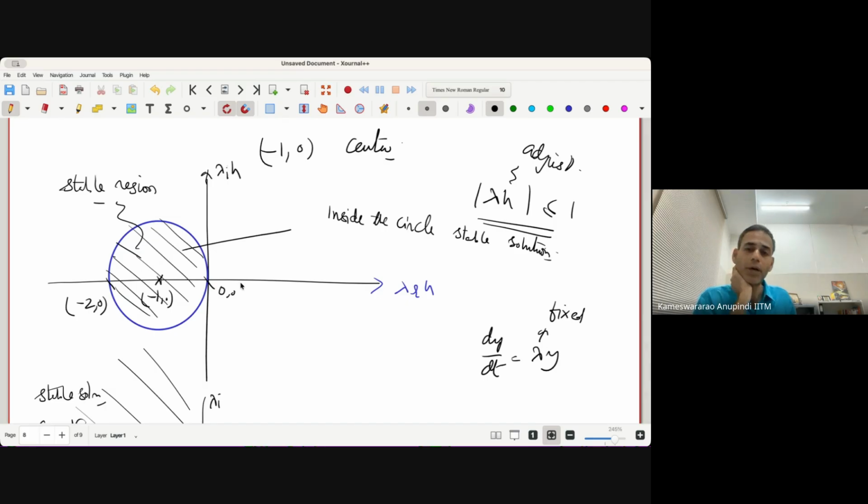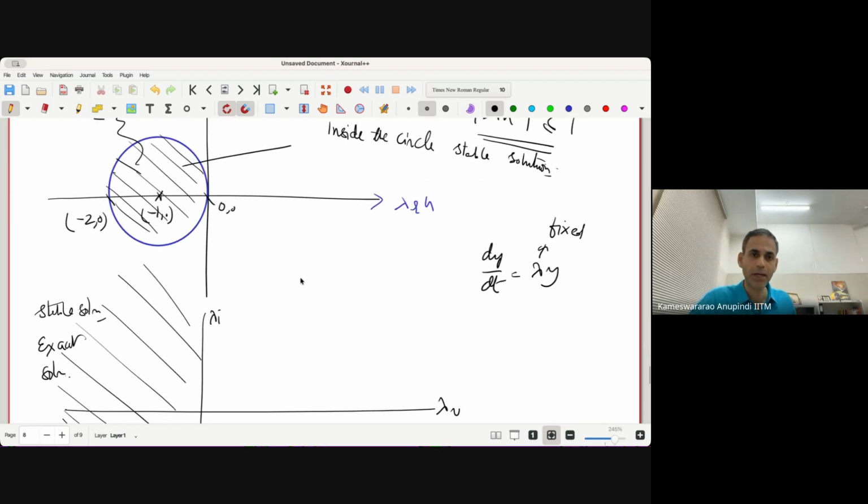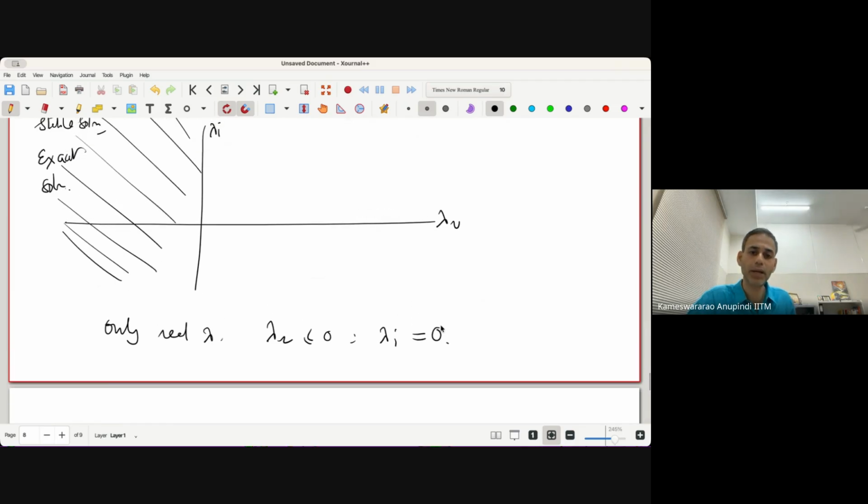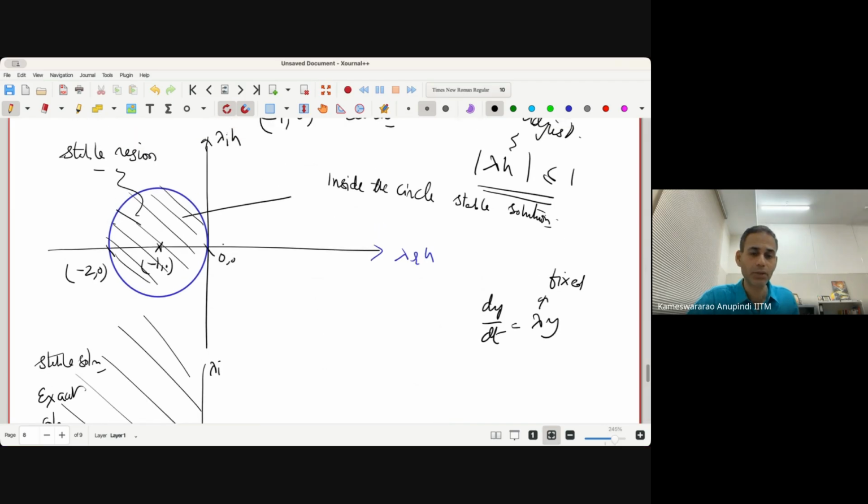Now, of course, we can analyze a few more cases. Let us say I have only real lambda, that means lambda r is less than or equal to 0, and lambda I is equal to 0. Okay, so that is what I have. What will happen?